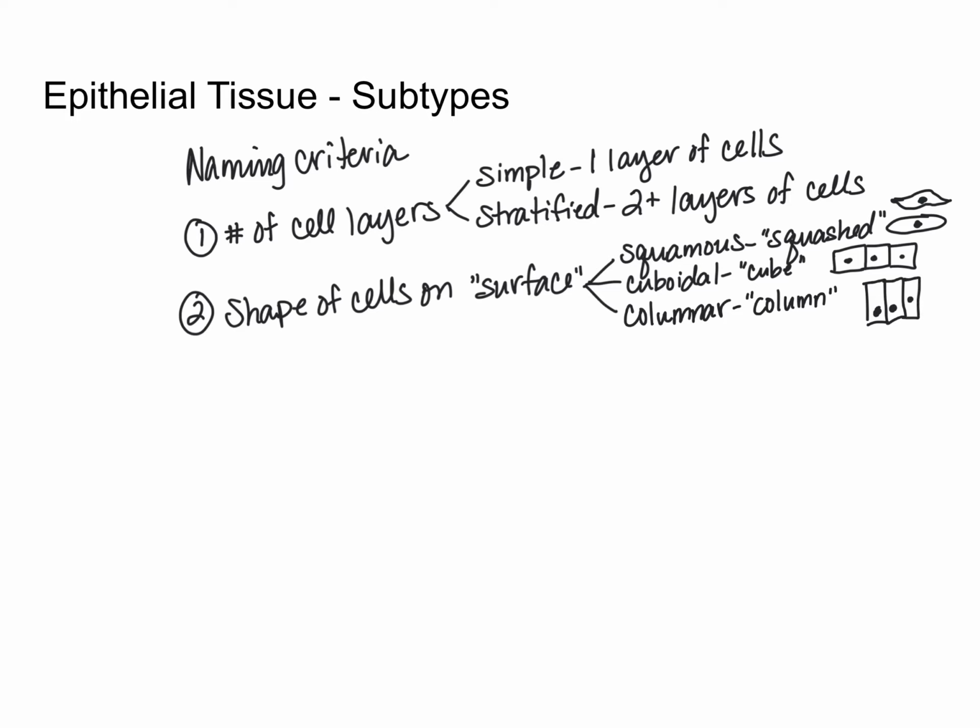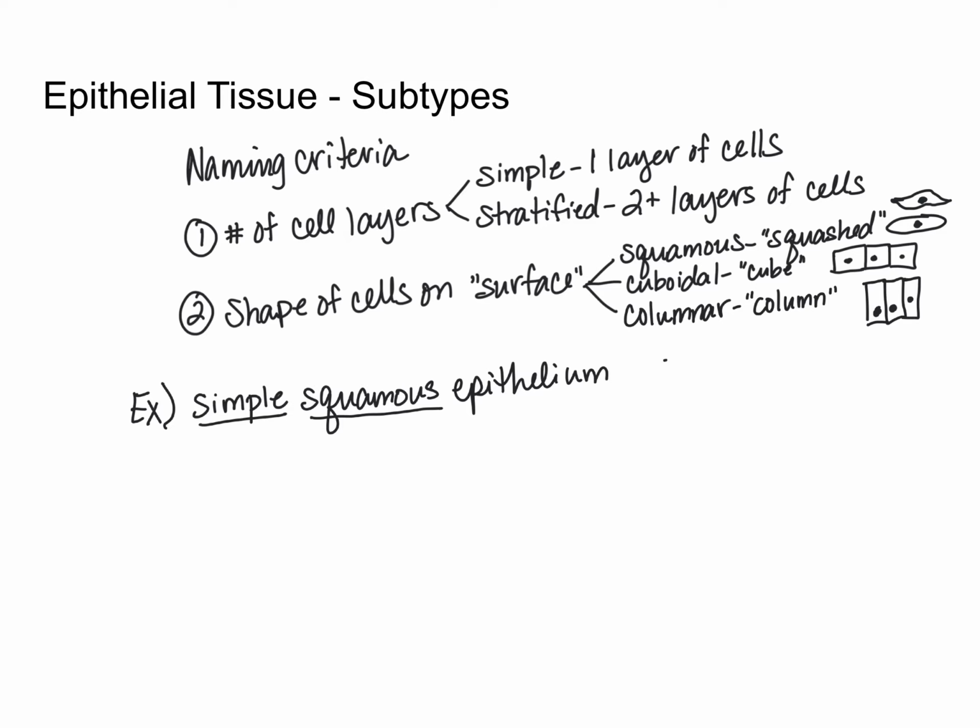Now, the subtypes of epithelial tissue contain both of these types of naming criteria in them. So some examples of subtypes that are common in the human body, you might see something like simple squamous epithelium. Which would be one layer, that's where the simple comes in, one layer of squamous or kind of squished cells.